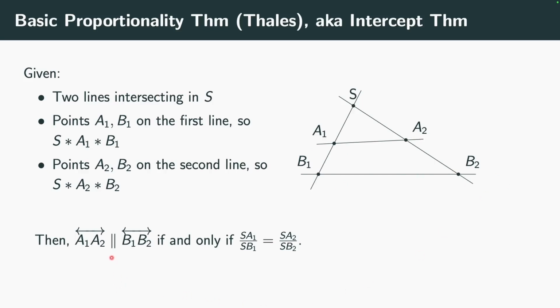The Basic Proportionality Theorem says that those two lines are parallel if and only if the ratio SA1 over SB1 is equal to the ratio SA2 over SB2. And this is the fundamental theorem that's going to make both of our previous theorems on similar triangles work.